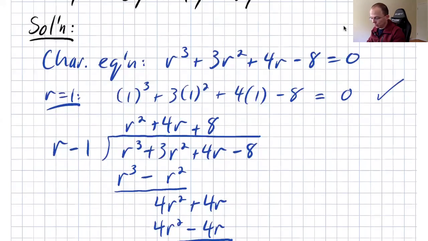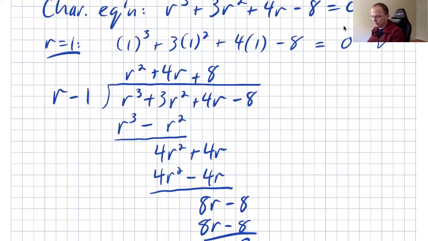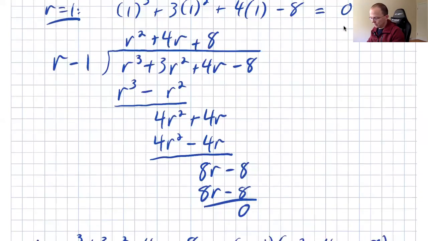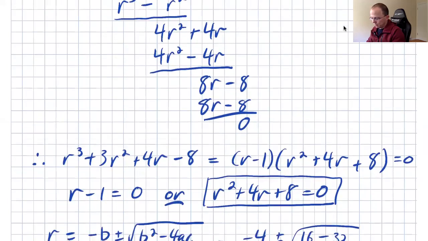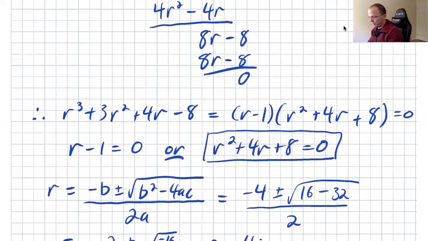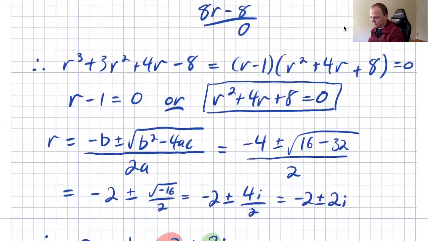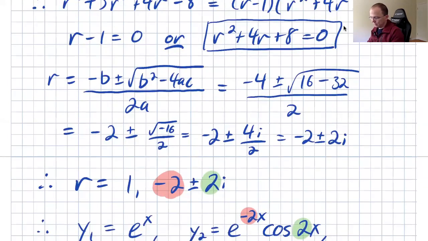Then we did long division to divide out the r-1 factor, and that gave us the other factor of this polynomial. So we get r-1 is 0, or this other factor is equal to 0. Since that was a quadratic equation, we just used the quadratic formula to solve it.